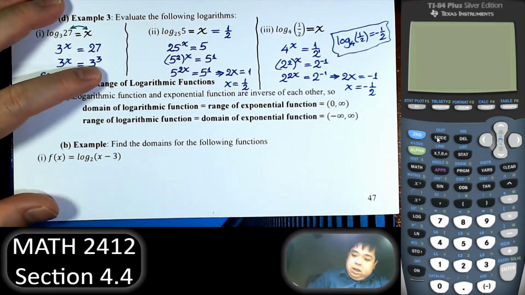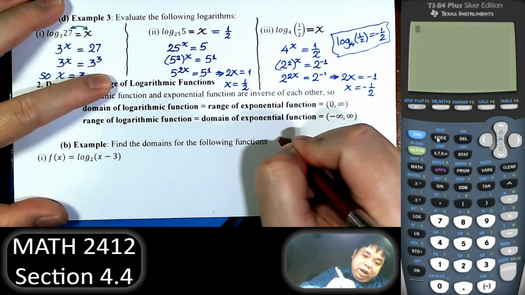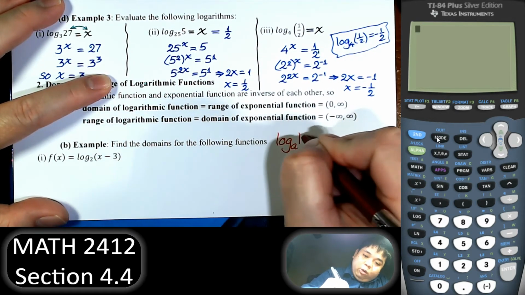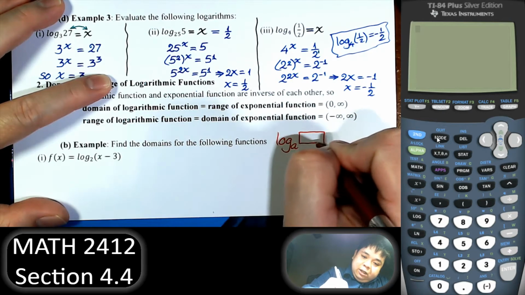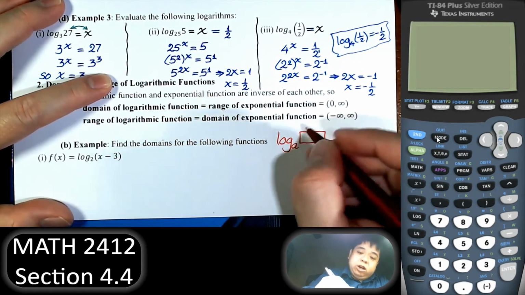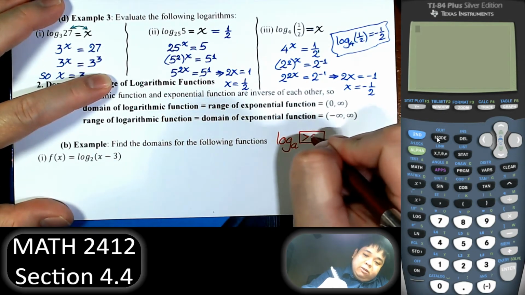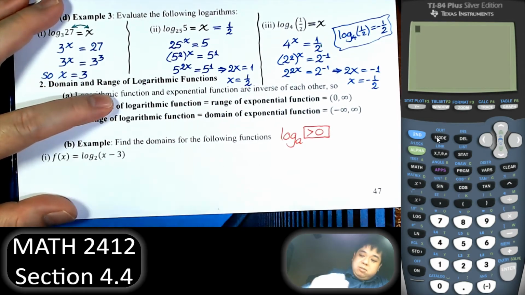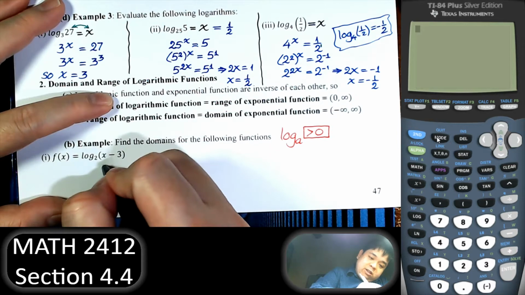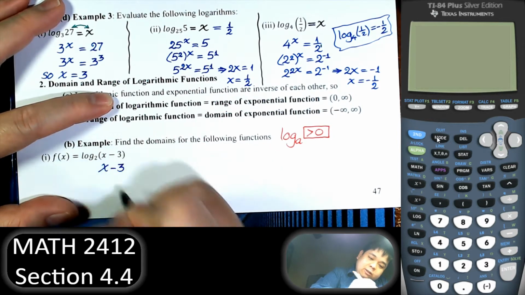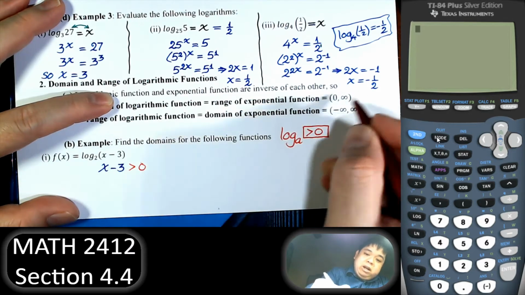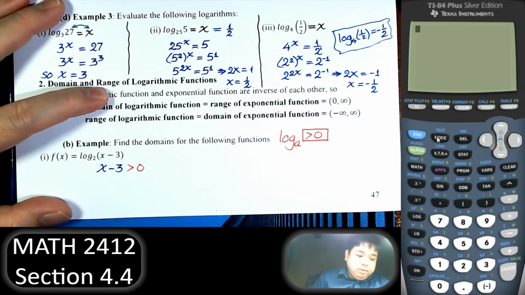Right, we'll talk about the graph and others later, but now we just find the domains. So the bottom line is, for the log of any base, whatever we put inside the log, the argument of the log, has to be positive. So in this case we have x minus 3, which is the argument of the log, and it has to be positive because the domain is all positive numbers.